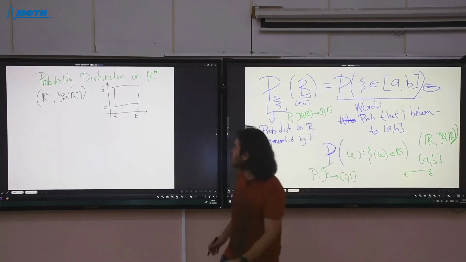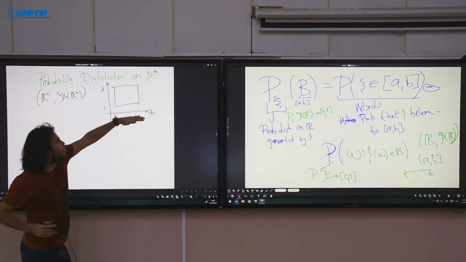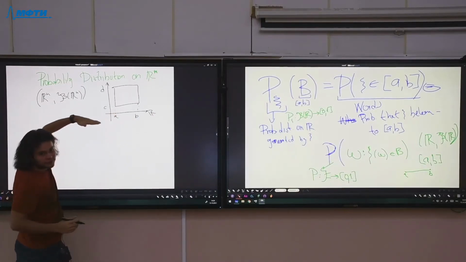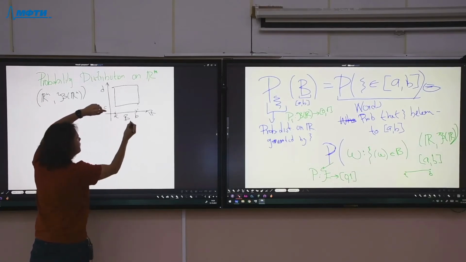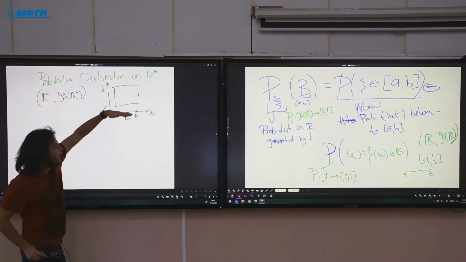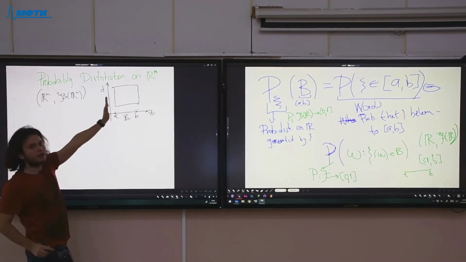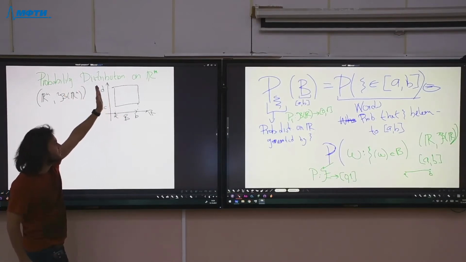Yes, because here in this line in R, we have the Borel sigma algebra. So we have some B here. This is B, right? Some B, for example. And now if we are on the plane, then we have R here and we have R here. And the Borel set in this case is just the Cartesian product of this and this.